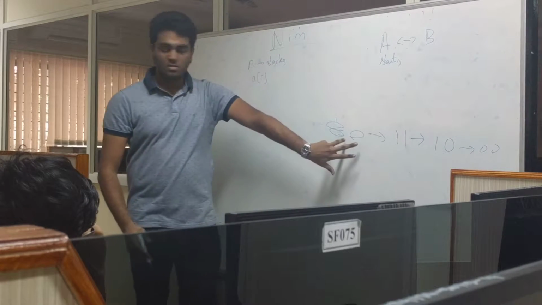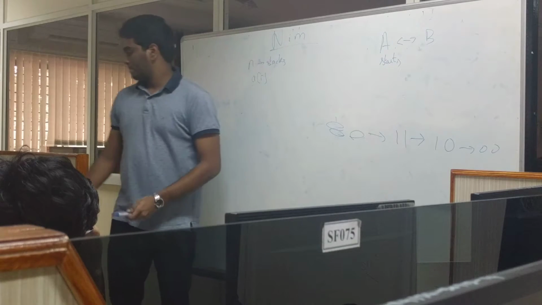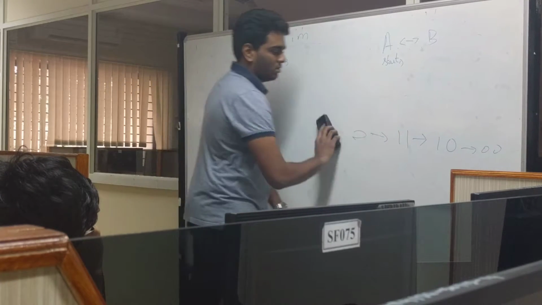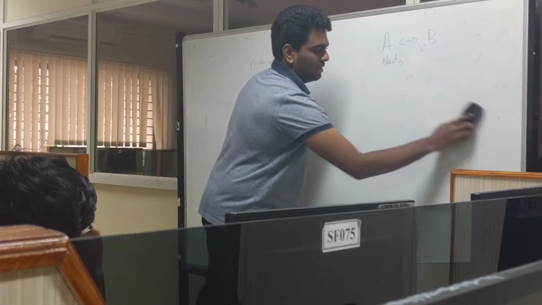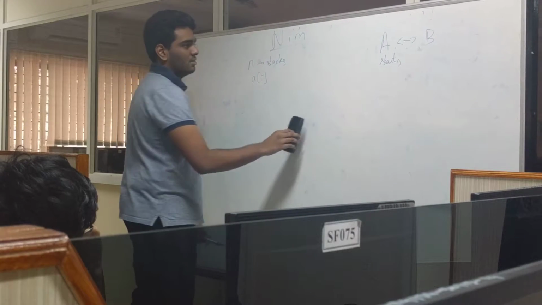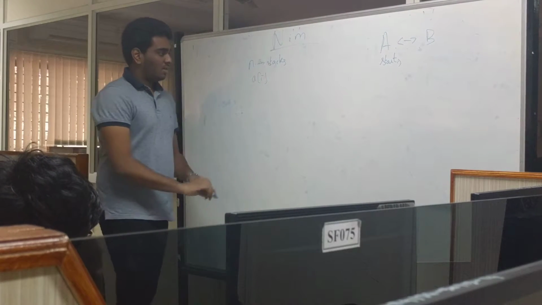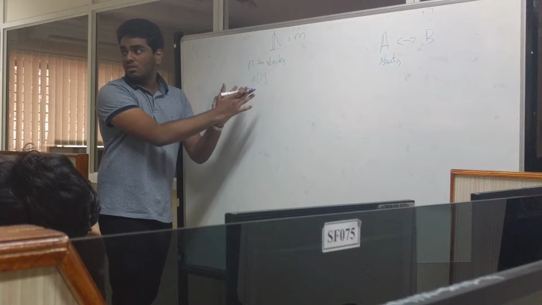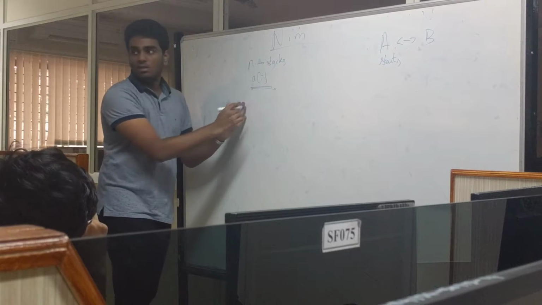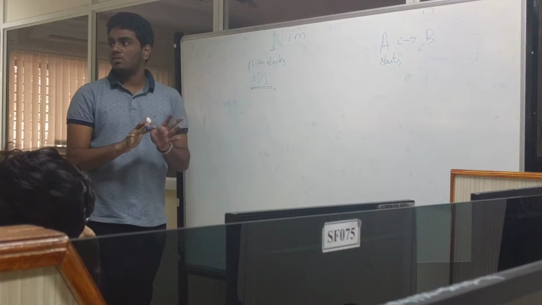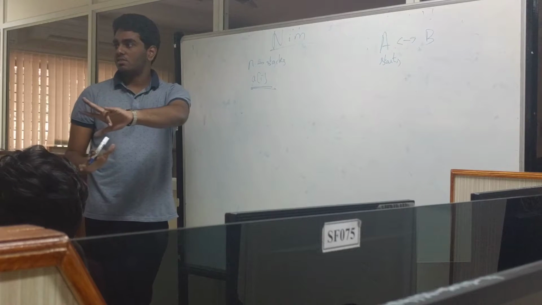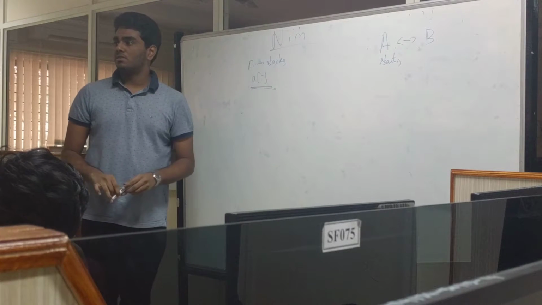A will always win this if he plays optimally. So, the theory with NIM is, the solution is, if the XOR of all these A of i is non-zero, A wins. If the XOR is 0, B wins.